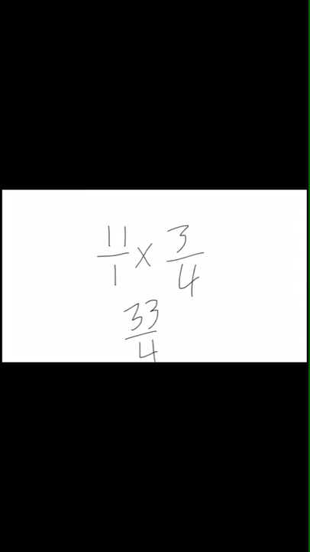So we already know that the bottom's 4, and then 11 times 3 is 33. Now we have to make it a full number. We can't use fractions. So 33 divided by 4 equals 8.25.